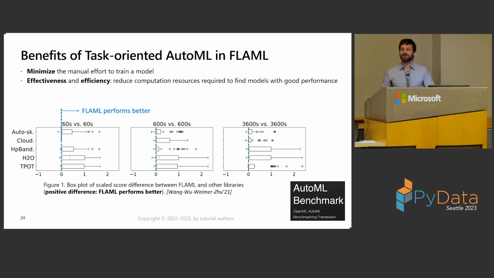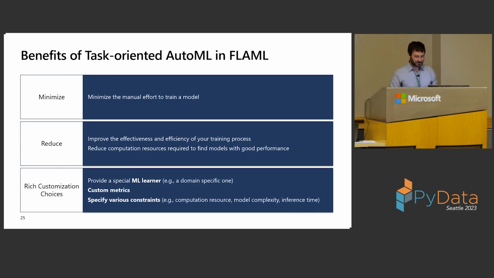I think this slide doesn't include a comparison against the one that's in the other room right now, which is AutoGluon. But if you look at the newer papers, there are also comparisons against this. And here, comparisons are always with the same time budget, let's say of 60 seconds, 600 seconds, or 3,600 seconds.